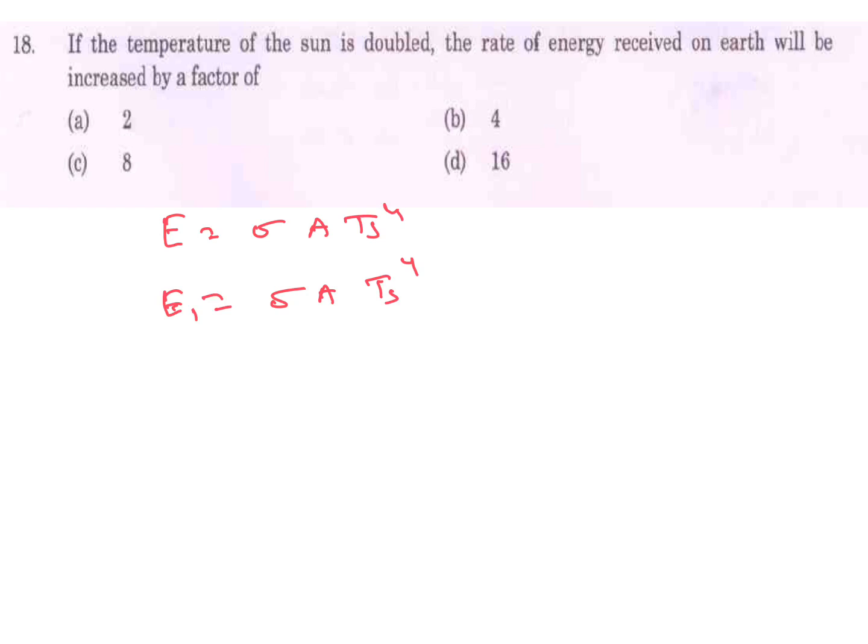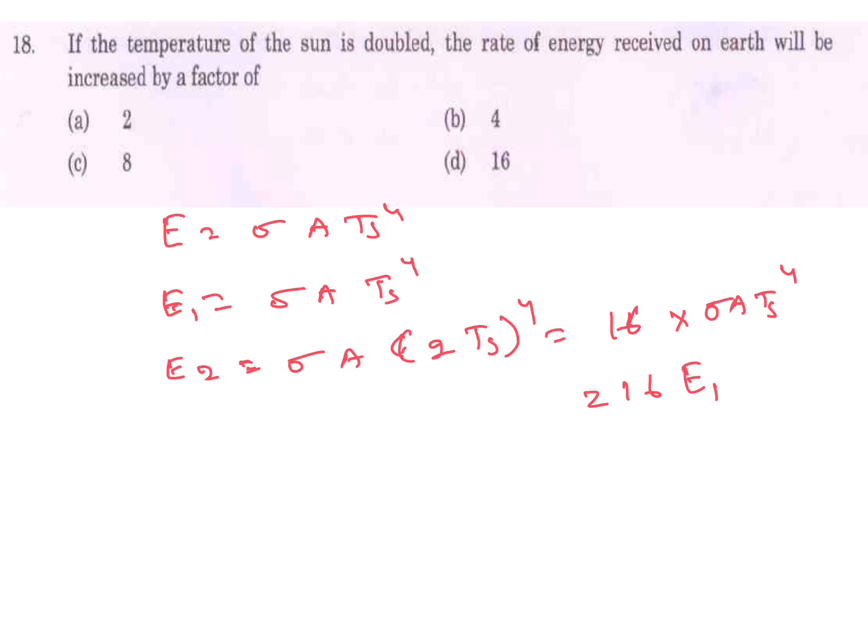For E2, only temperature is increasing, other factors are the same, so it's 2 Ts to the power 4. 2 to the power 4 is 16 sigma A Ts to the power 4. It's 16 times E1, increased by a factor of 16.